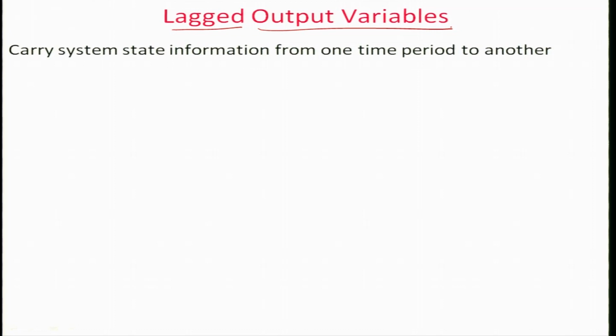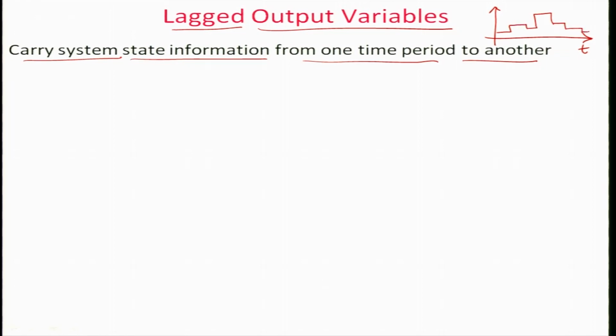The lagged output variables are a unique category of variables in the case of simulation, because these lagged output variables can carry the system state information from one time period to another. Remember that we draw the graph of the behavior of the system, and on the x axis we had time, and on the y axis there were different factors that we are measuring, and the behavior of the system was doing something like this.